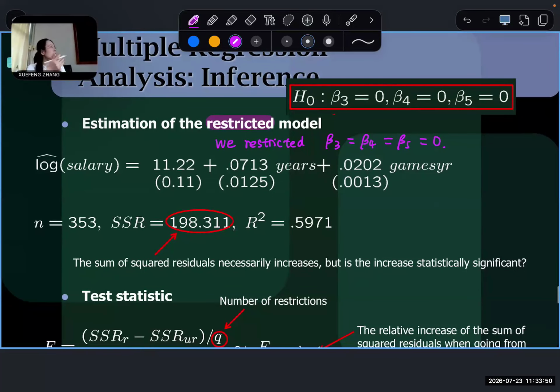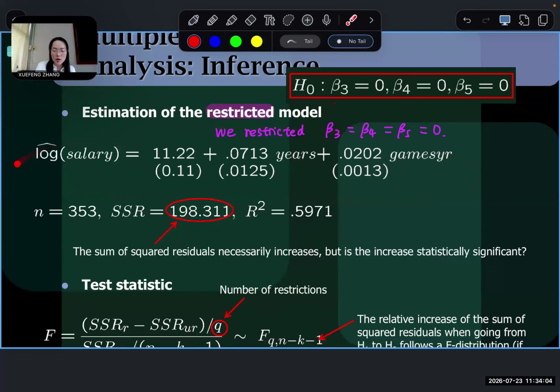So here you need to know the unrestricted model, which is the full model, and the restricted model, which means we put our hypothesis into the full model, restricting them to be 0. So this is the restricted model regression output. We have a new SSR, and this one is the restricted, please label it restricted.